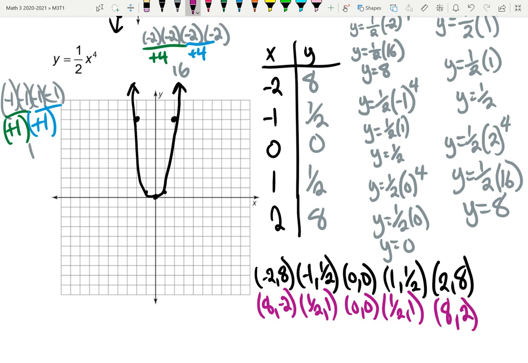Boom. 8, -2. I go 1/2 over and then 1 up. 0, 0. I go 1/2 over to the right.